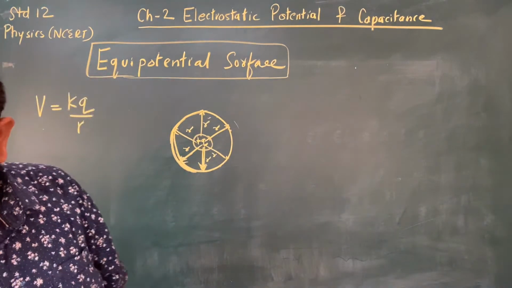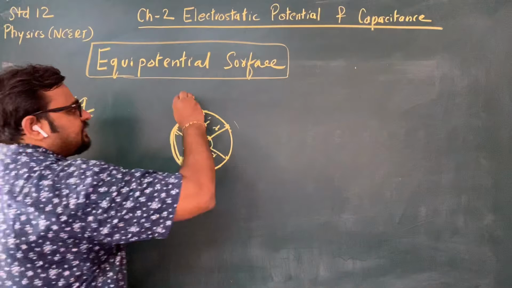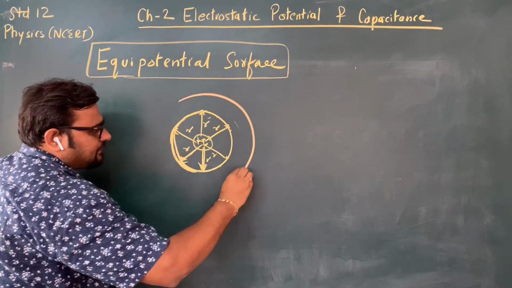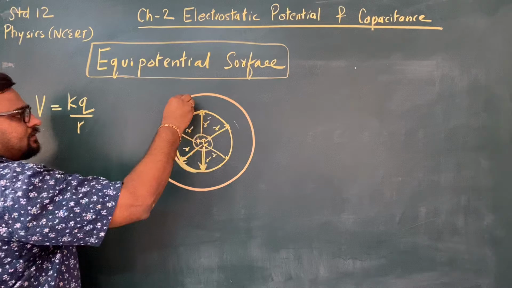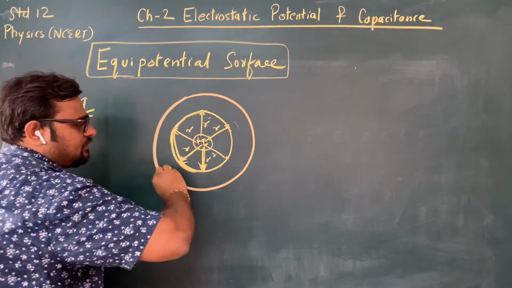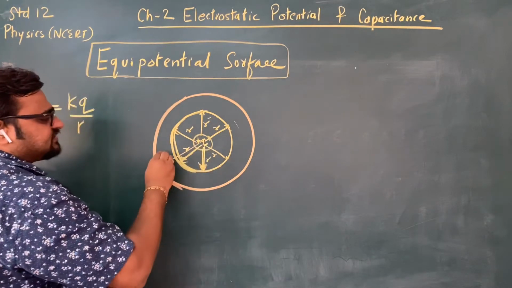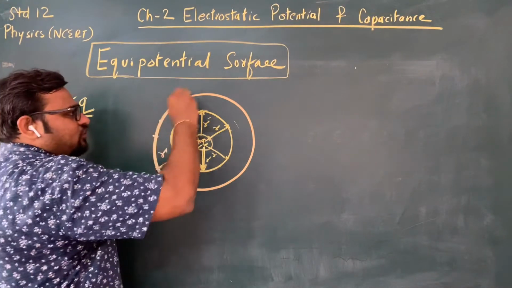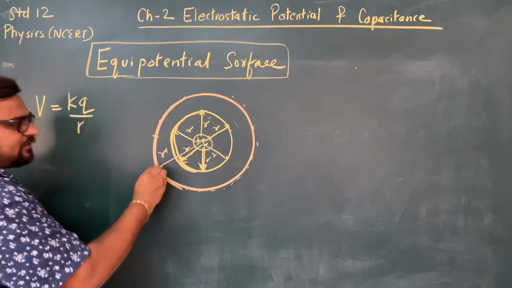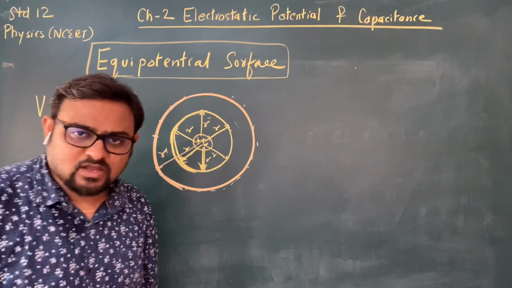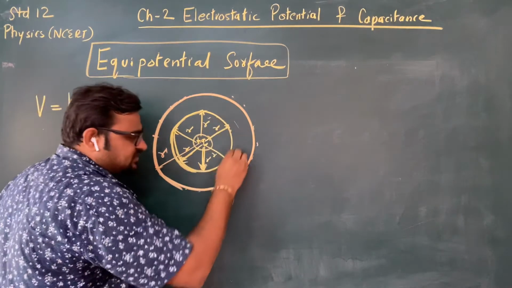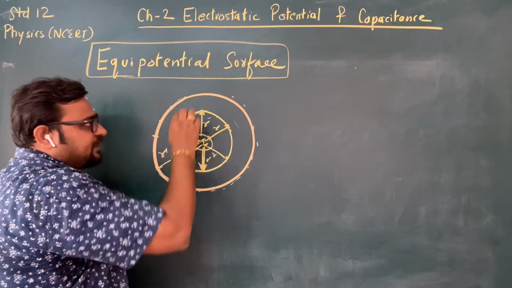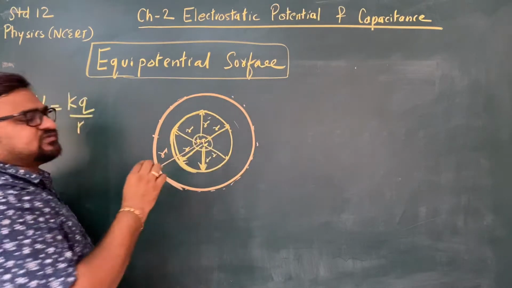If I increase the radius to r dash, then at each point on this surface, the potential will be same. The potential at this surface and this surface will be different, but each point on this surface will be same, and each point on the other surface will be same.